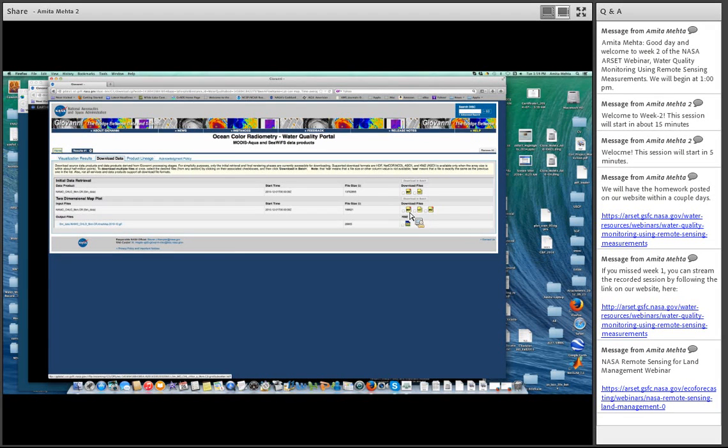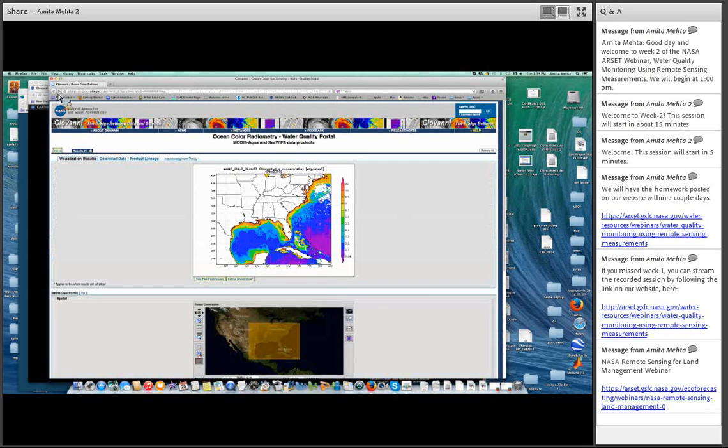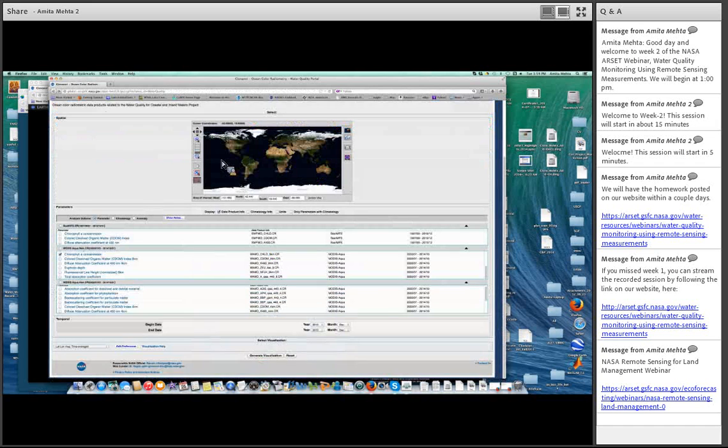Also available are KMZ files. These are the files that went into creating that plot, and here is the KMZ file that can be downloaded and viewed in Google Earth. So Giovanni is a popular tool for a number of portals, but the Ocean Portal, of course, helps look at one more example.